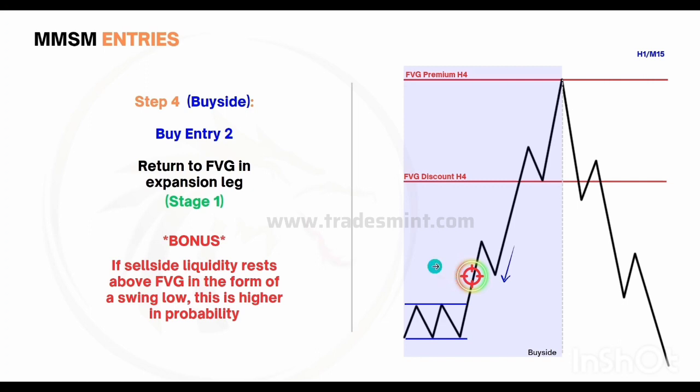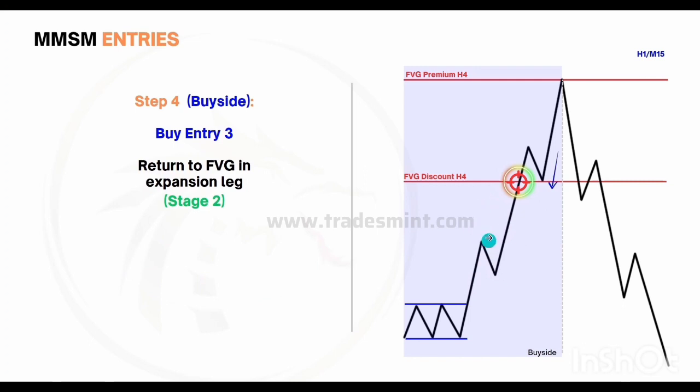Again, depending on what your model is going to be, you can wait for a retracement back below equilibrium into a discount before you take an entry. But if you do find that there is a breakaway gap prior to the fair value gap that you were looking for, then we may not need to retrace back below into a discount relative to the dealing range. Dealing ranges have been explained in the academy.